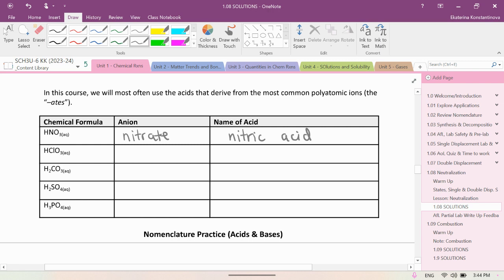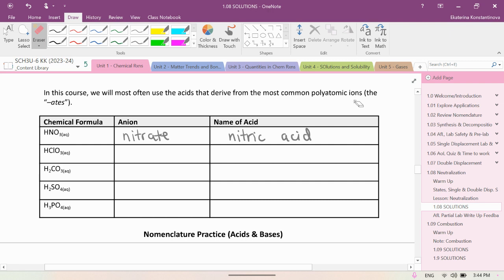Now let's compare that to, let's say I had H3N aqueous. It's just nitrogen, so I would have to call that hydronitric acid. Again, that doesn't exist, but that would be the name because it would not have an oxygen, okay?